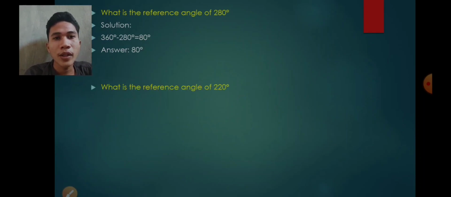And the next example is, what is the reference angle of 220 degrees? So solution, 220 degrees minus 180 degrees. So the answer is 40 degrees. And 220 degrees is in quadrant 3.